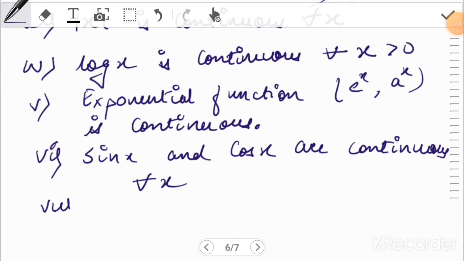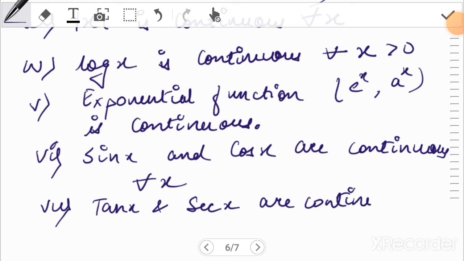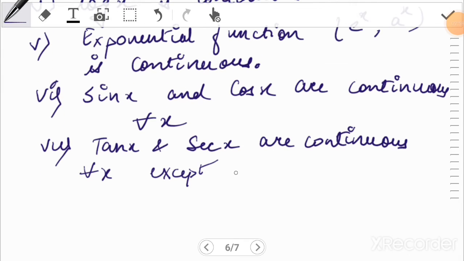Then tan x and sec x are continuous for all x except at x is equal to (2n+1) pi by 2.